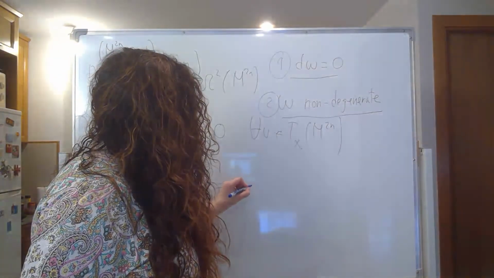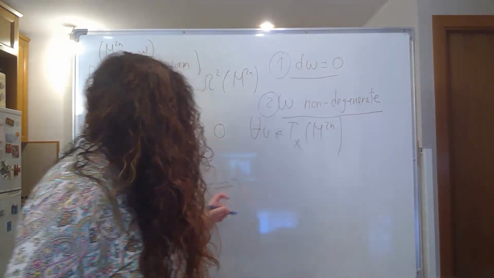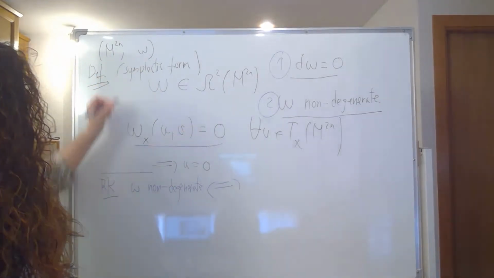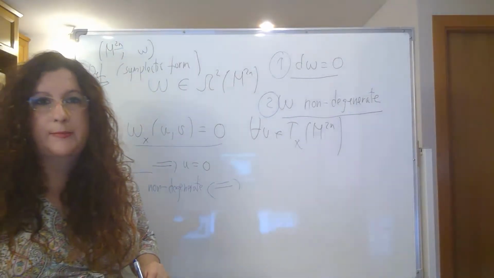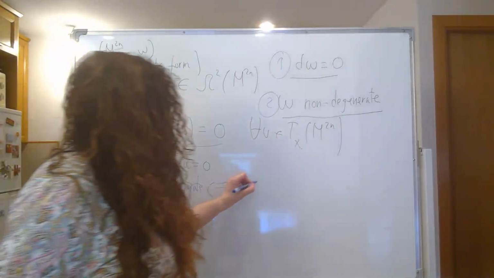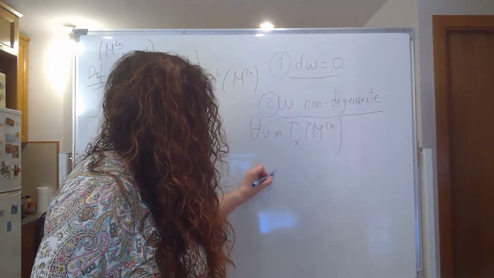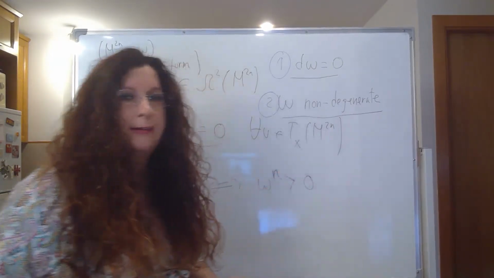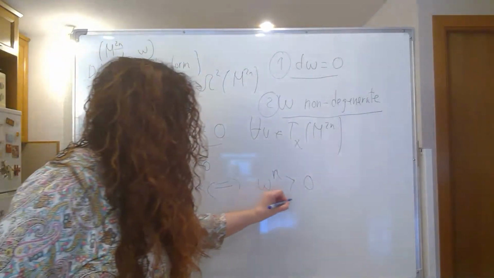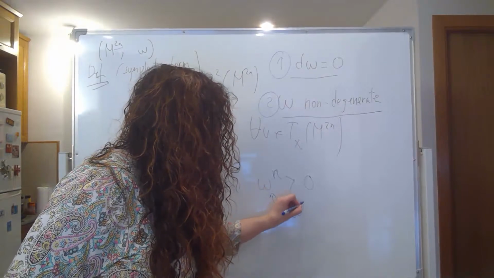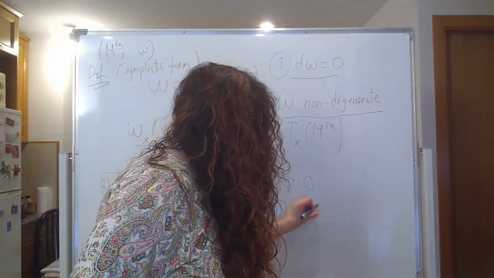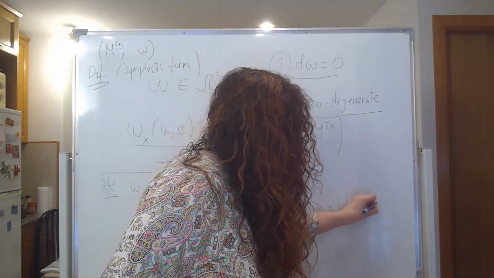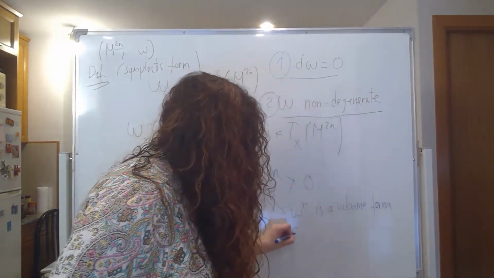Omega is a two-form defined on a manifold. This condition of non-degeneracy imposes the fact that the manifold is even dimensional, and we have the condition that omega^n is a volume form. Usually we put it like this: omega positive means that omega^n defines a volume form on the manifold.